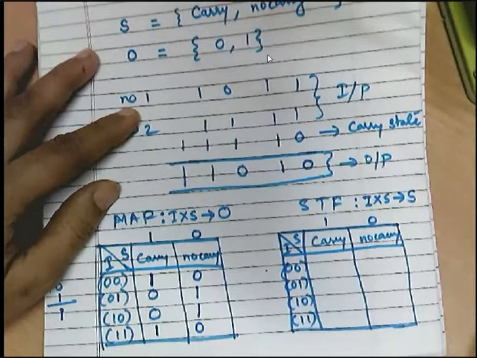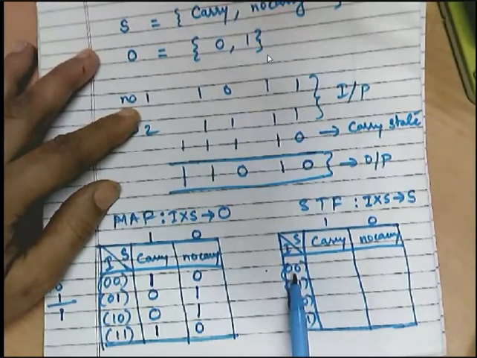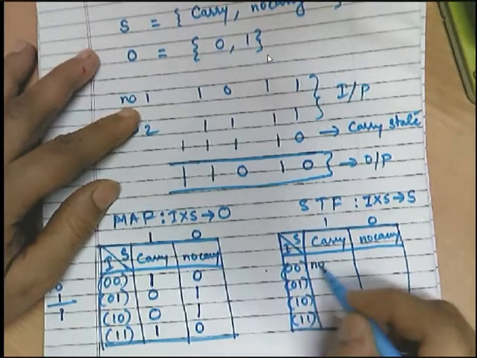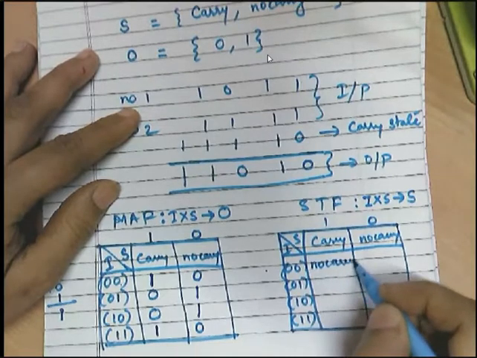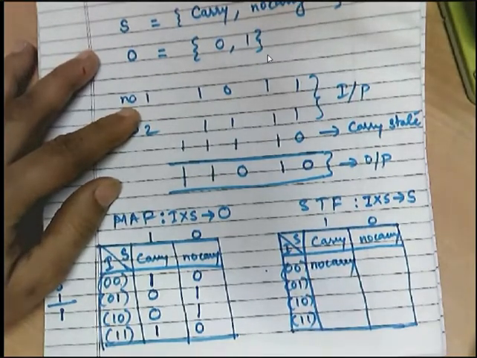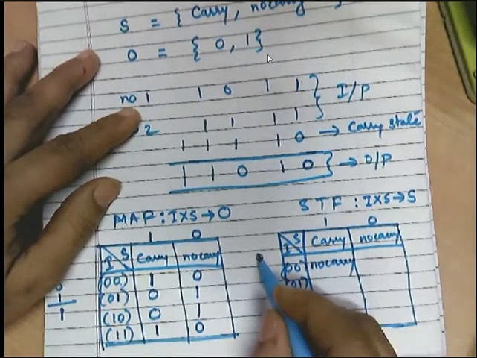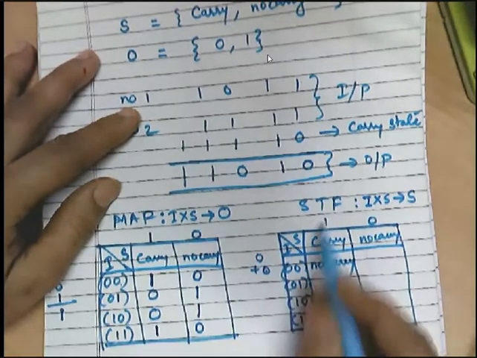So we are assuming initially we are in no carry state. If it is 0 plus 0 plus 1, will we move to carry state? No, we are not going to move to carry state. So we will remain in no carry state. Is it clear? When there is a combination 0 plus 0 plus this 1.